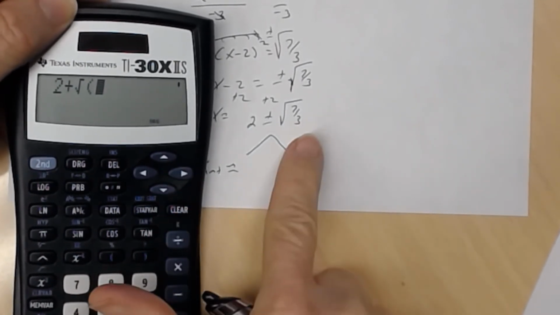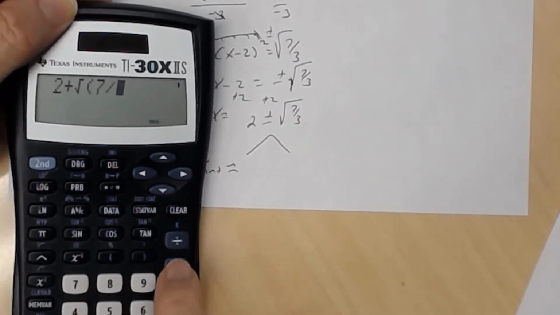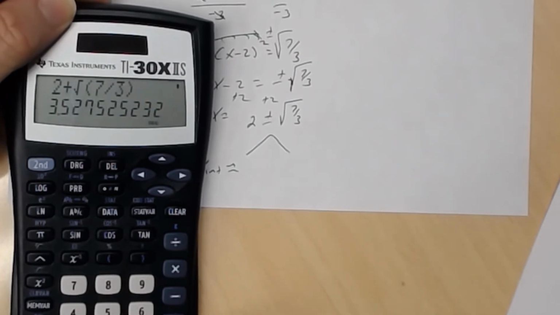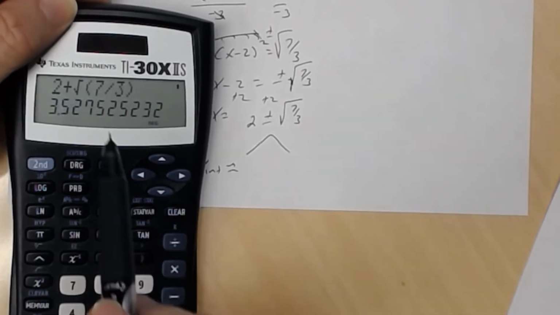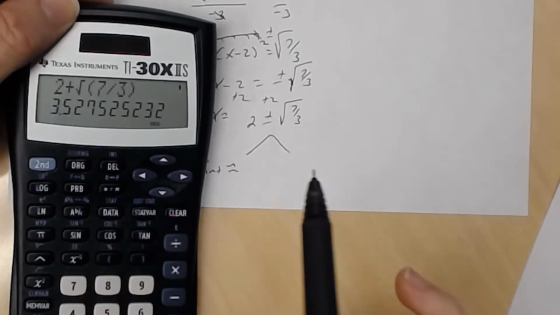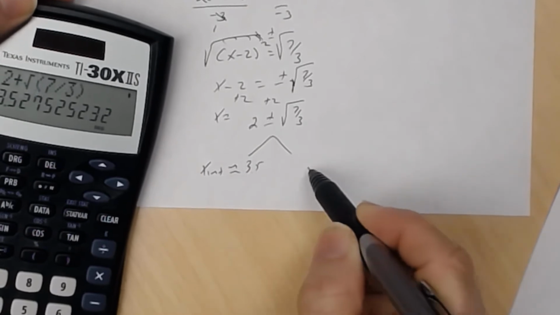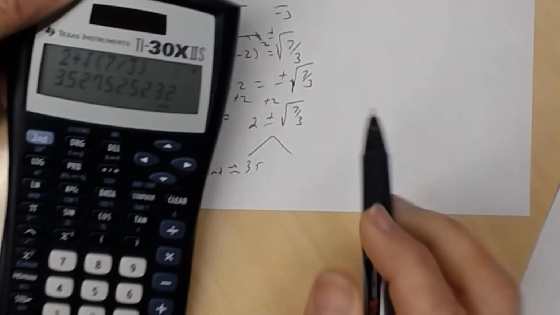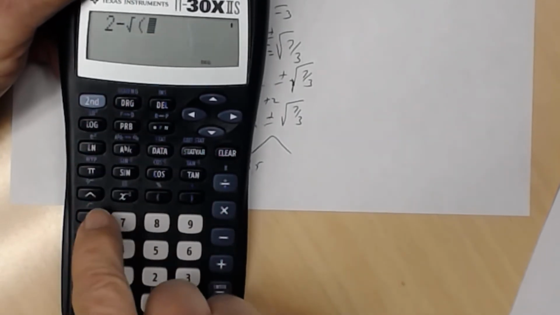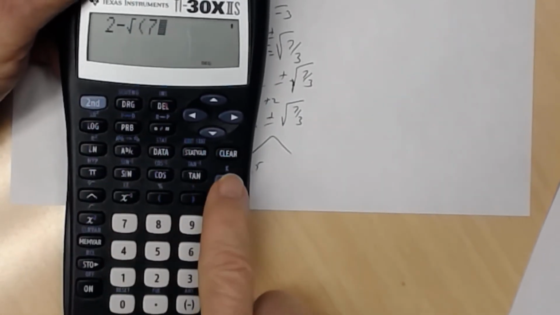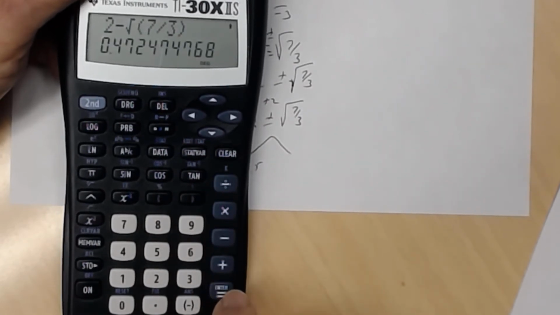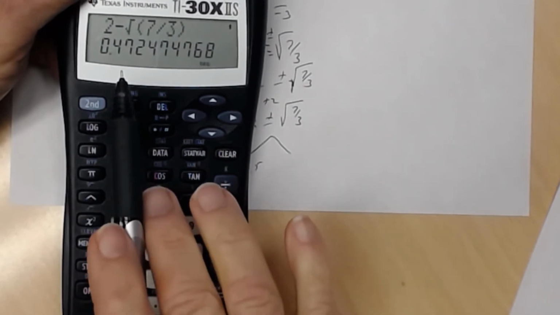Notice you put parentheses, so you're going to say 7 divided by 3, close the parentheses, and then press equal. So one of my x-intercepts is approximately equal to 3.5. The other one, you're going to say 2 minus the square root of 7 divided by 3, parentheses, equals. And the other one, to the nearest tenth, is about 0.5.